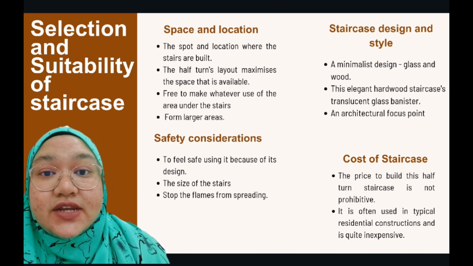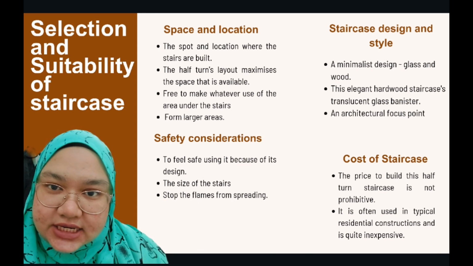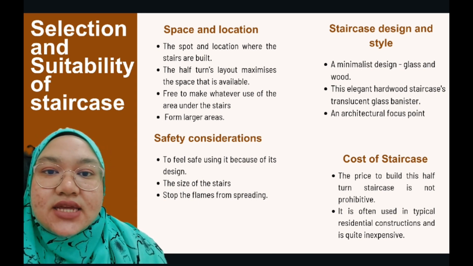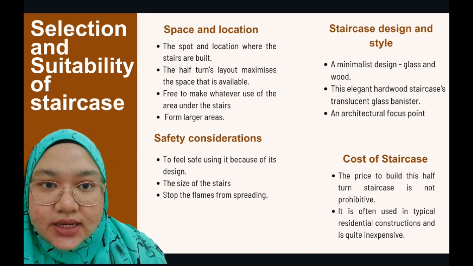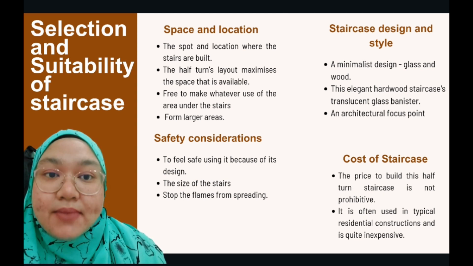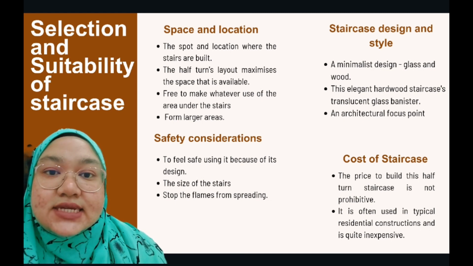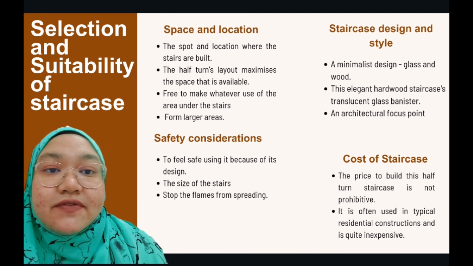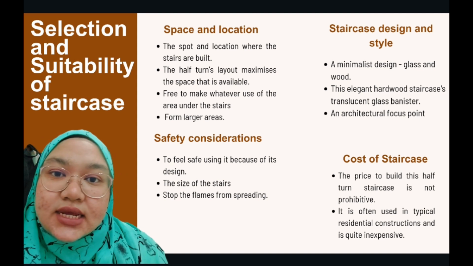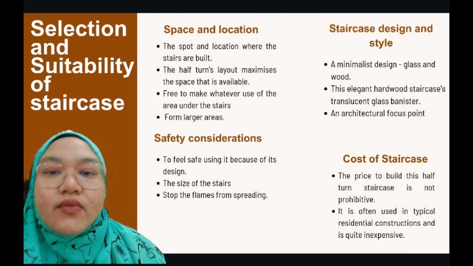The design of the half turn maximizes available area. Additionally, by placing the stairs in the house corner, other rooms are made larger and can be combined with one another to create larger spaces, such as a huge living room, a big dining area, and another large bedroom.